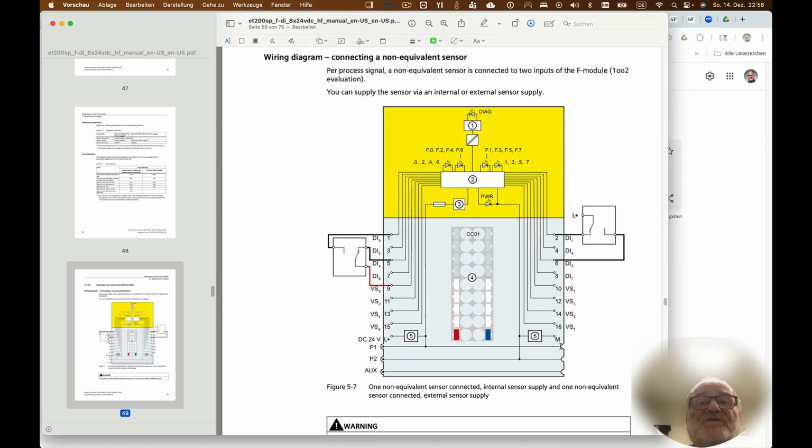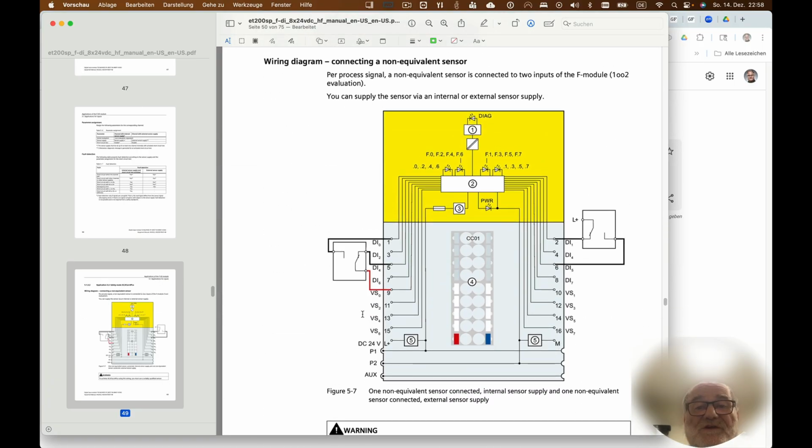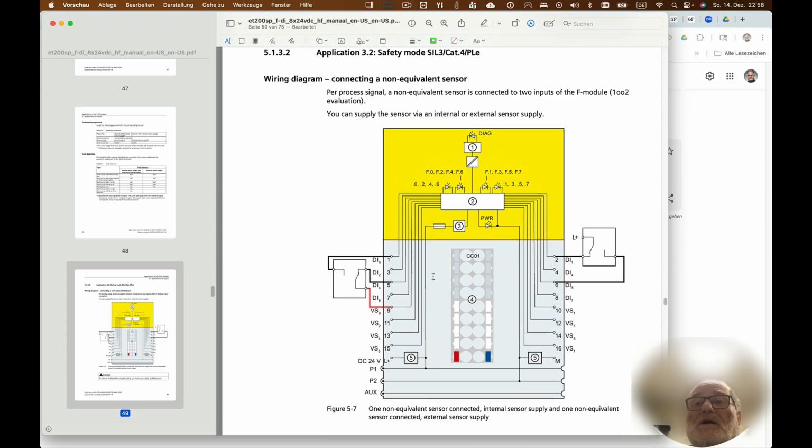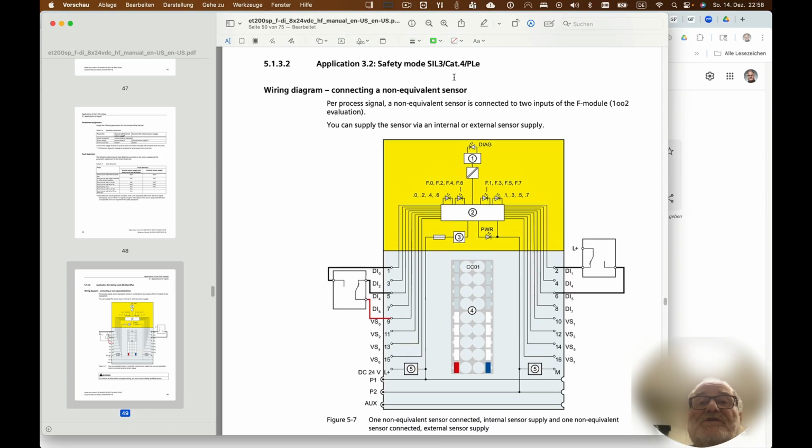Yes, this is page 50, using just one sensor, and this one sensor has a normally open, normally closed contact with common, so you need only one supply, which is also PLe and SIL3 and CAT4.